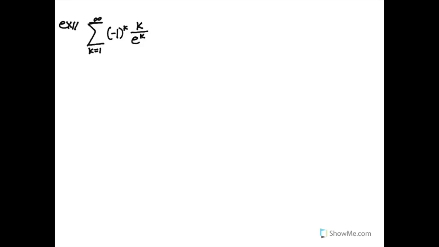So the question is, is this absolutely convergent or divergent? Now, you may just be asked the question, is it convergent or divergent? In that case, you can still use the ratio test because absolute convergence implies regular convergence. But in this case, I'm asking you, is it absolutely convergent or divergent?